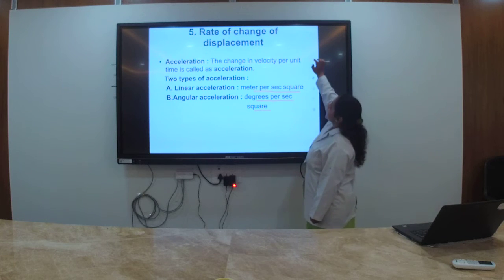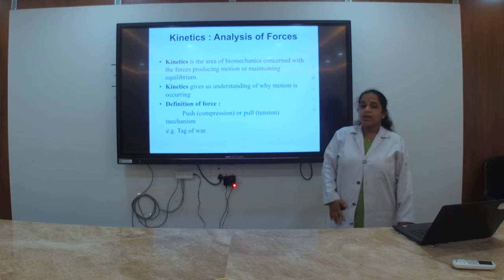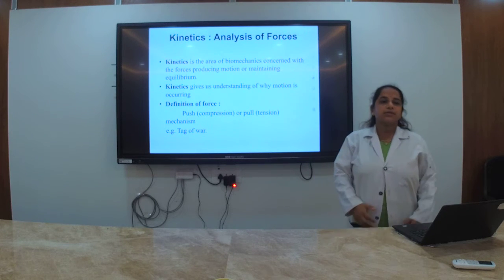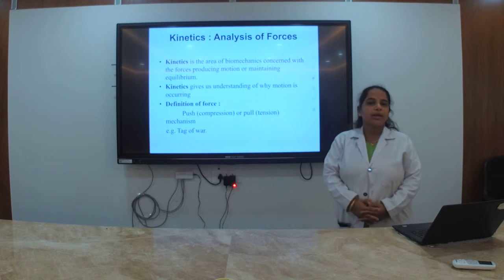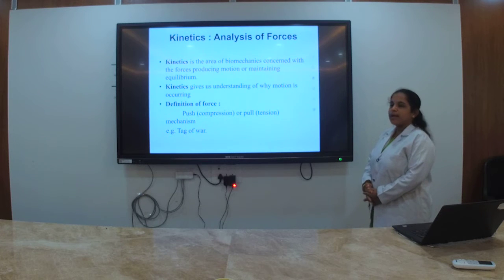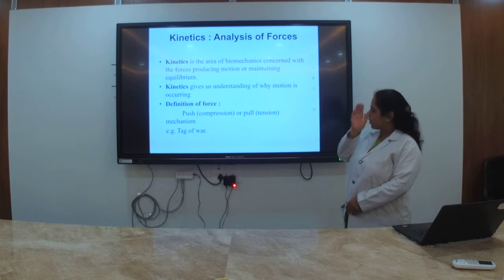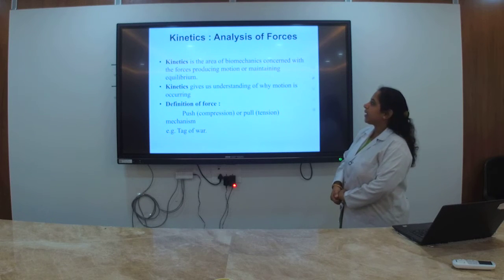So these are the 5 variables of kinematics. The first is type of motion, second is location of motion, then the direction of motion, then magnitude of motion and rate of change of displacement. So this is nothing but the kinematics.